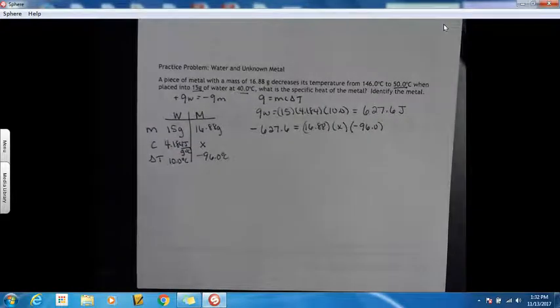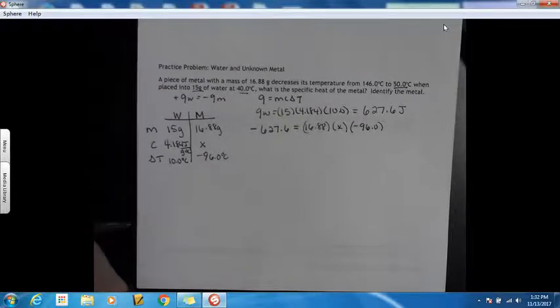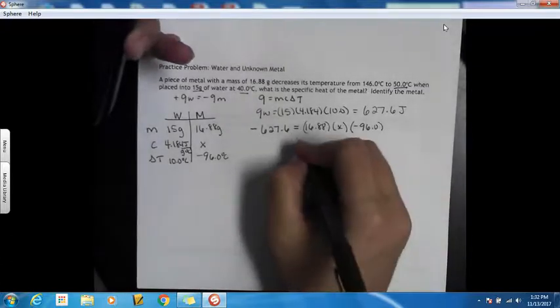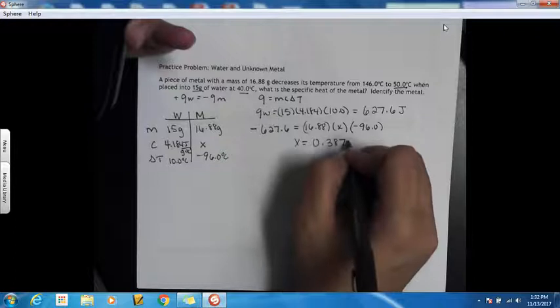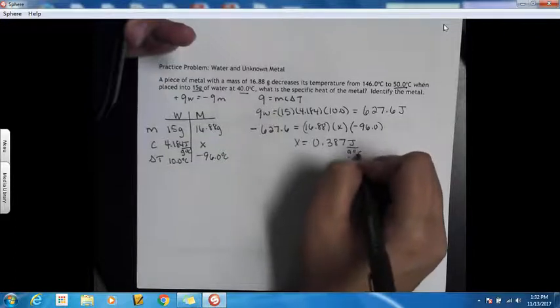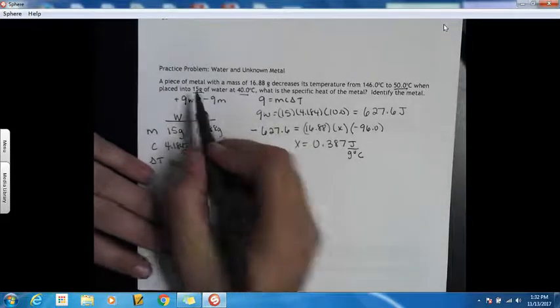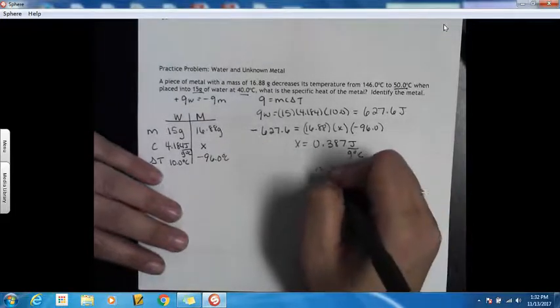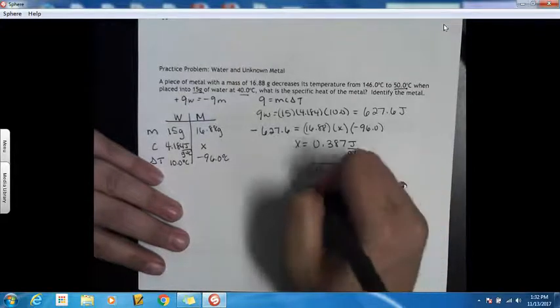Again, our negatives cancel out when we divide. And we find that our specific heat is 0.387 joules per gram degree Celsius. Right, except that I only get two significant figures, so that would be 0.39 joules per gram degree Celsius.